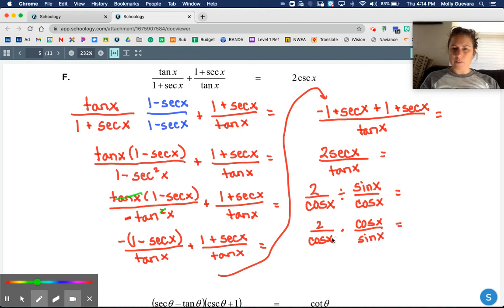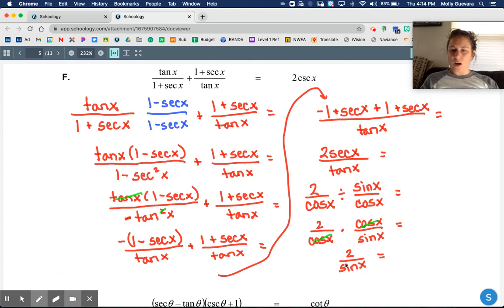Here I have a cosine on top and bottom, so those can cancel, and I'm left with 2 over sine of x. That's the same thing as 2 cosecant of x, which is what I was trying to find.